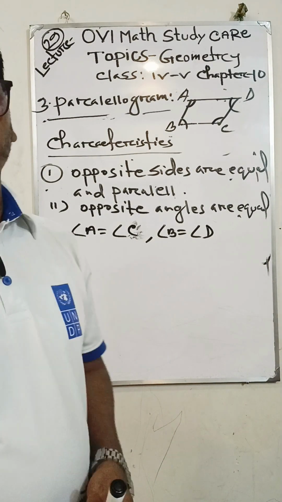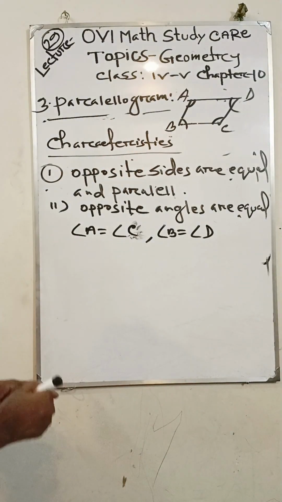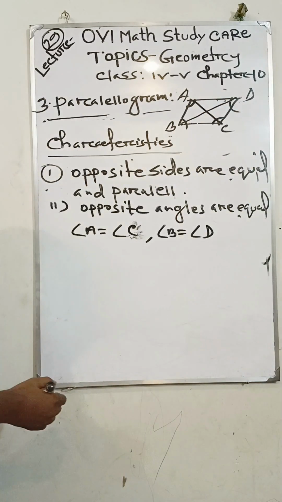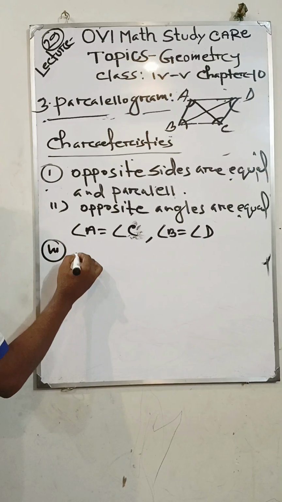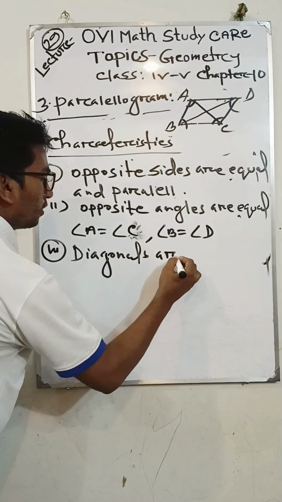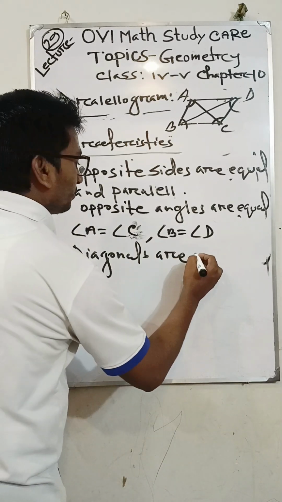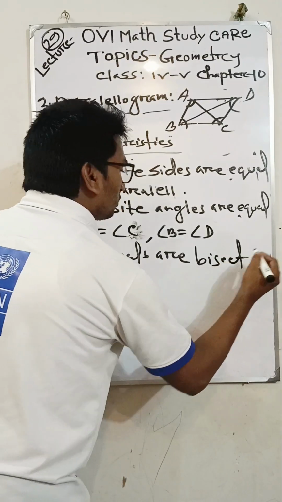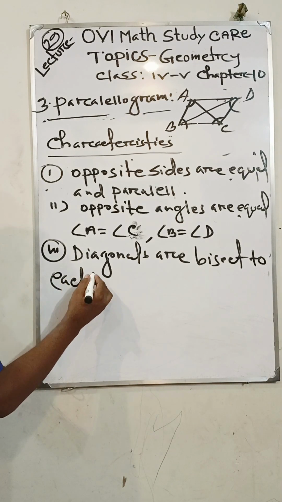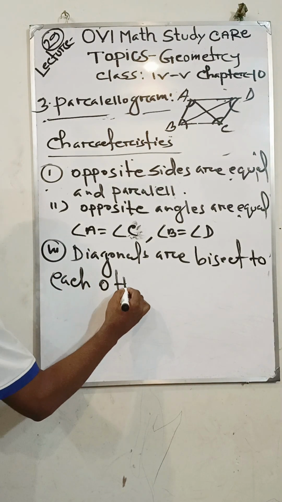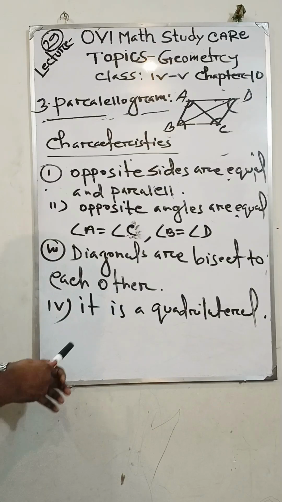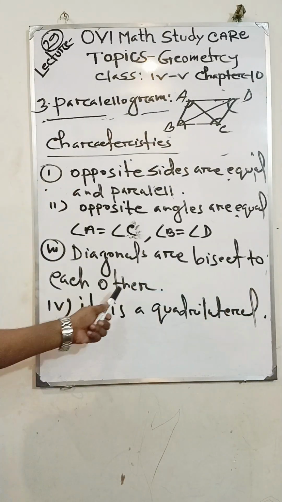Diagonals bisect each other. That means the diagonals will bisect each other. So characteristic number 3, diagonals bisect each other. Our next characteristic, diagonals bisect each other.